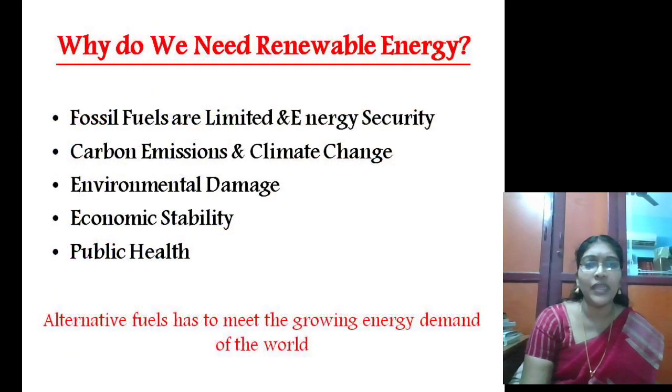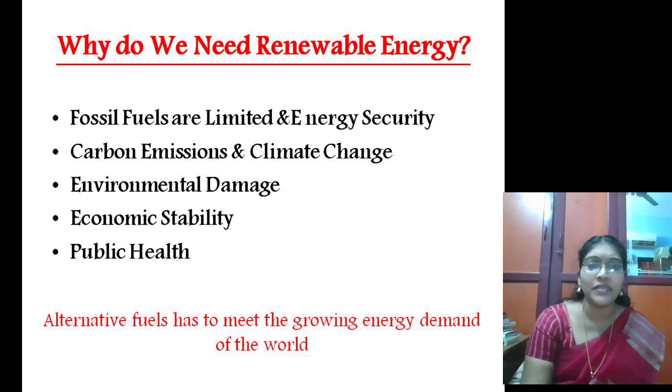So why do we need renewable energy? As we have seen earlier, worldwide there is a need for energy, but the fossil fuels are limited because fossil fuels are depleting.